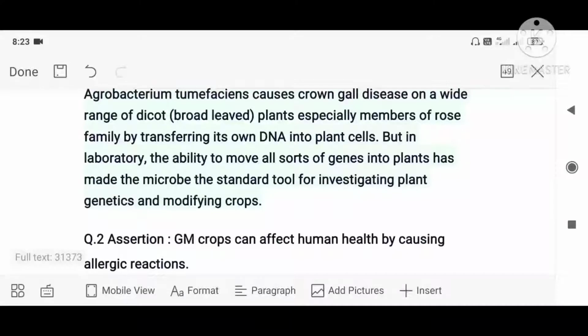So, it is not introduced into the mesosome; genes are introduced into the plasmid. Then that plasmid is introduced into the bacterium, Agrobacterium, which goes and infects the dicot, broad-leaved plants. So, both the assertion and the reason here are wrong.